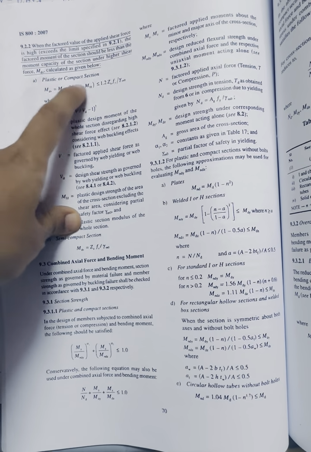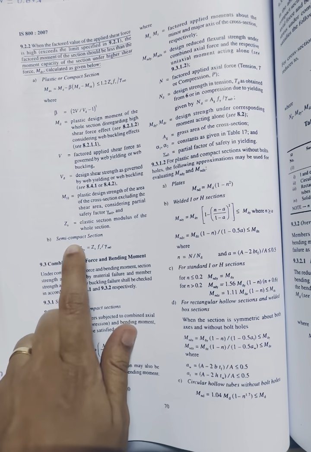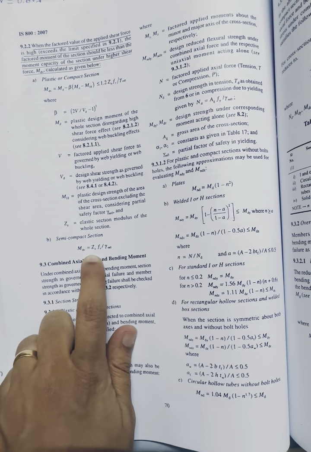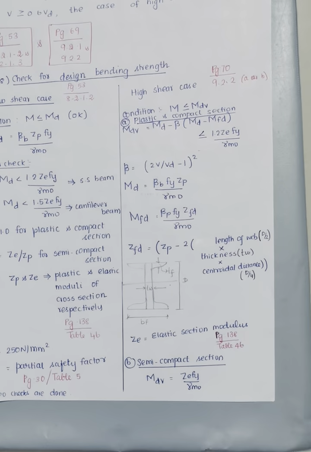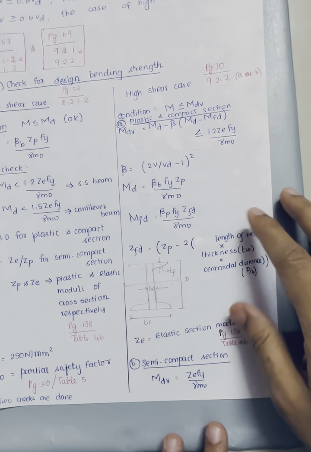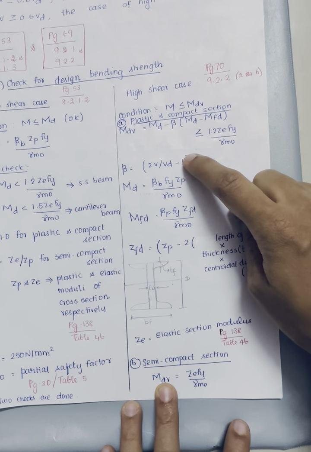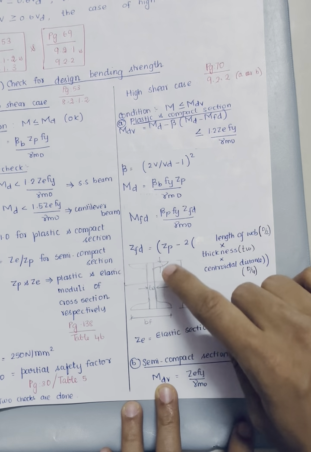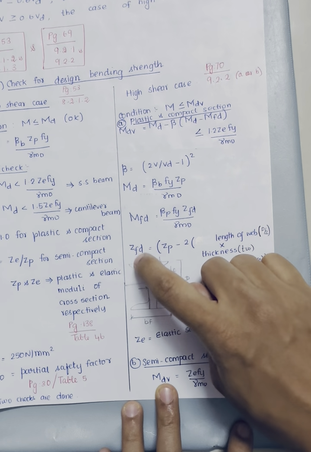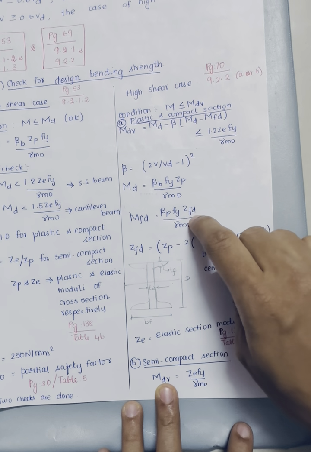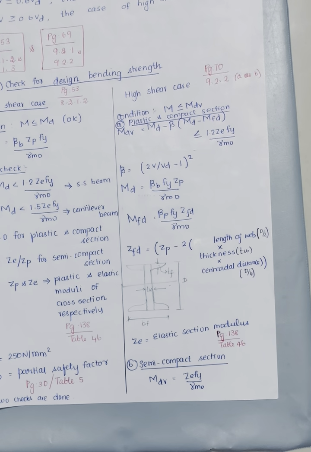This is for plastic or compact section. If it is a semi-compact section, then MdV is equal to Ze Fy by gamma M naught. These are the direct formulas, and these are the things that we need. One place we have to apply our mind is MFD. What is MFD? We have it, right?